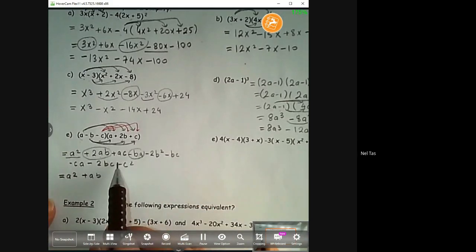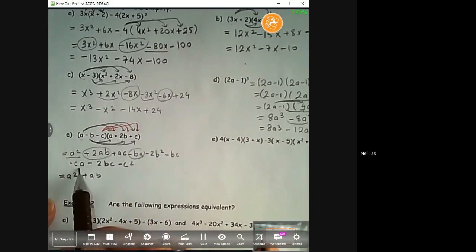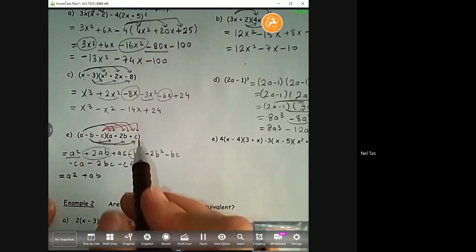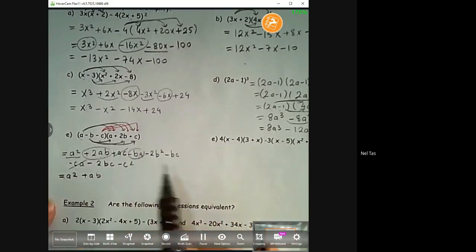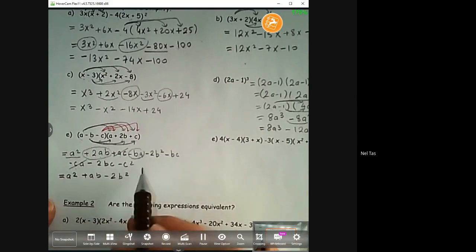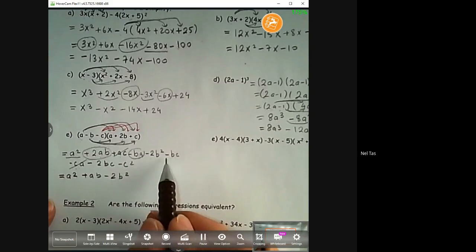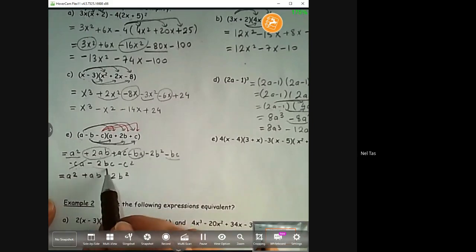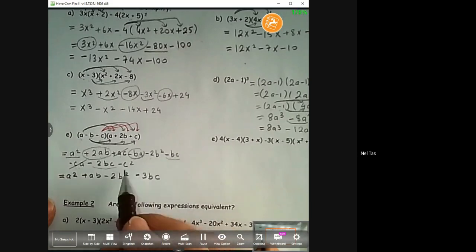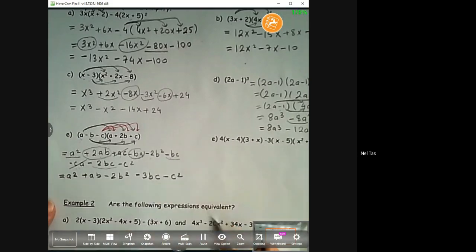How about AC? We have 1AC minus CA. So AC and CA are the same thing. So that is gone. And we have negative 2B squared. Now BC is negative BC, negative 2BC. So negative 3BC. And finally, minus C squared.